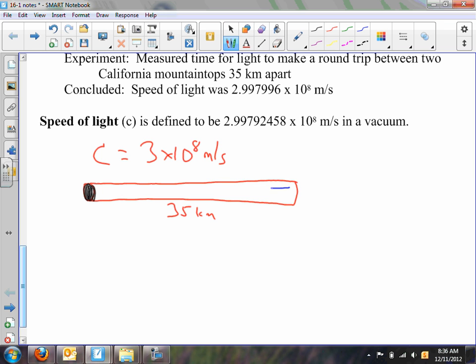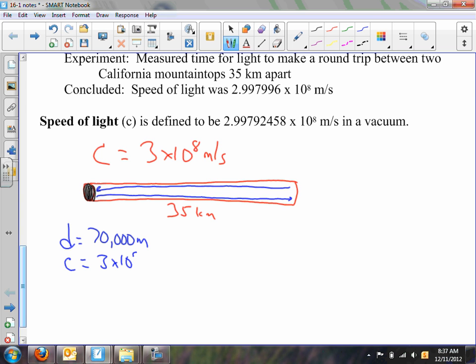He sends the laser beam down, or the light ray this way, and it bounces back. The total distance the light traveled would be 70 kilometers, or 70,000 meters. We know the speed of light is roughly 3 times 10 to the 8th meters per second, so we should very easily be able to solve for the amount of time it took in his experiment.